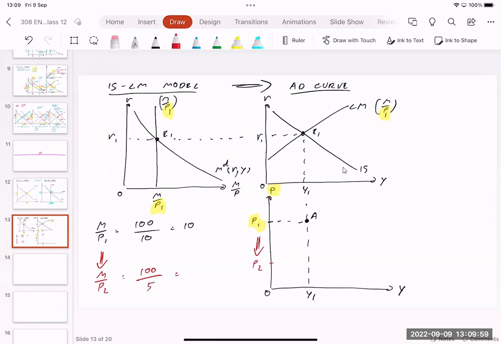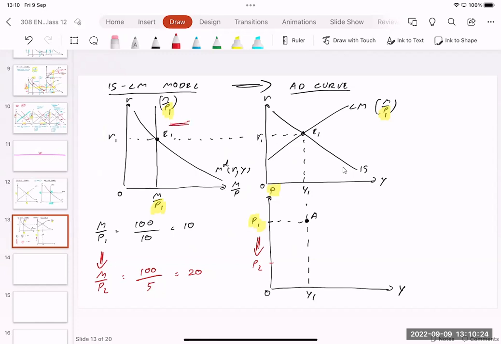What does it mean? Even though in the economy we still have the same amount of money, the price is now cheaper, so we can buy more. From 10 million units of the product, now we can buy 20 million units. You can see that when the price goes down, the real money supply increases.